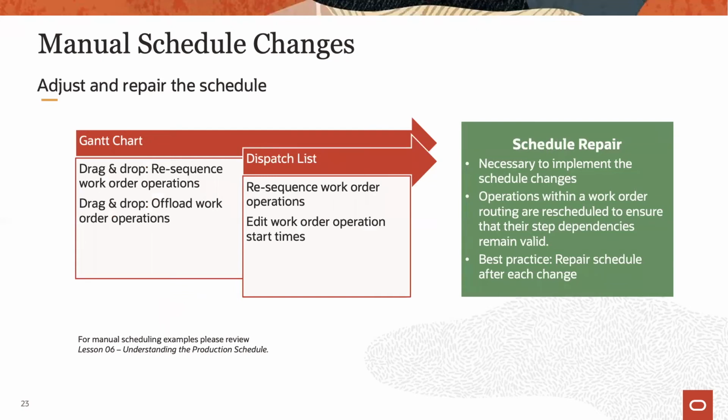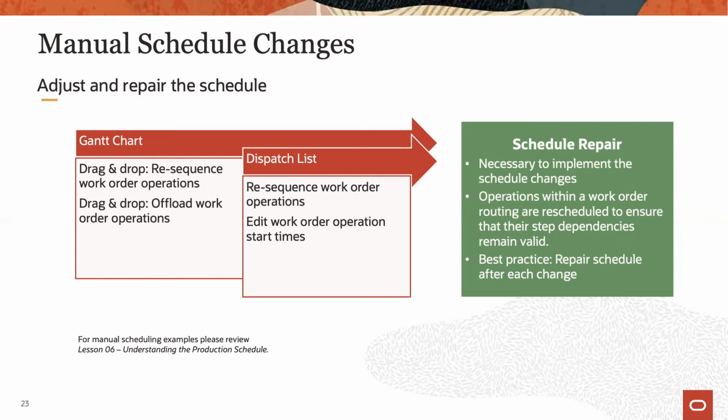The different means to manually adjust the schedule were already explained in lesson 6. In the Gantt chart, work order operations can be moved to a different point in time or to an alternate resource using drag and drop. In the dispatch list, the user can edit operation start times or resequence the work order operations. Now, in all these cases, a repair must be started to ensure that the desired changes are indeed implemented and propagated.